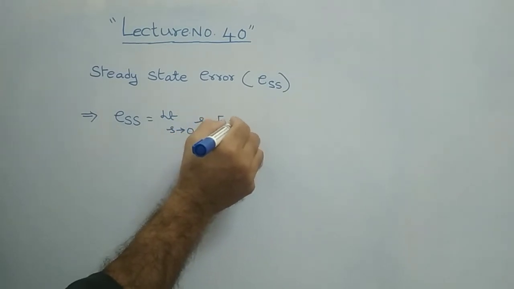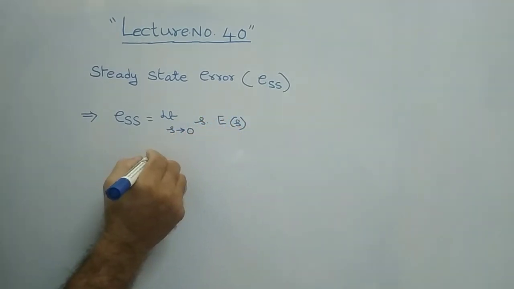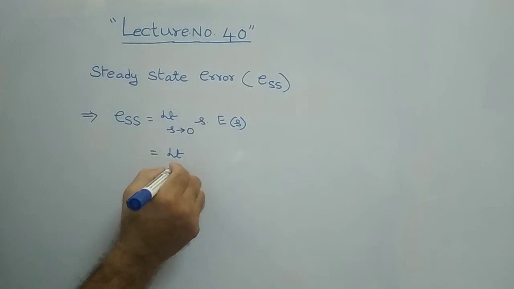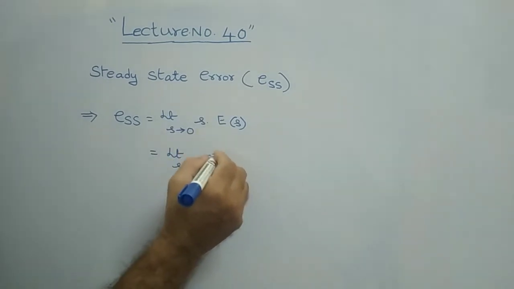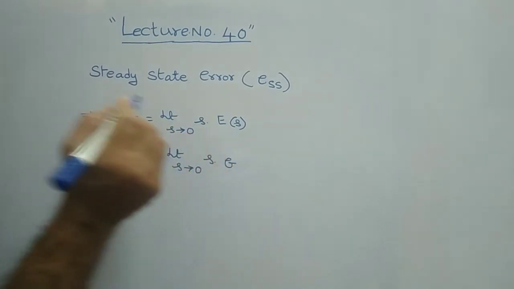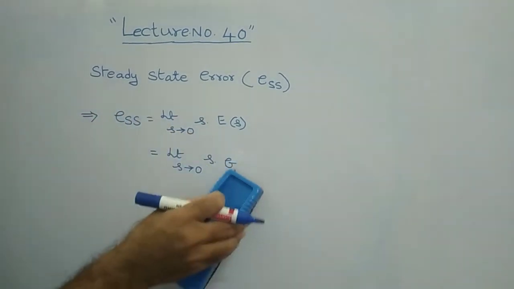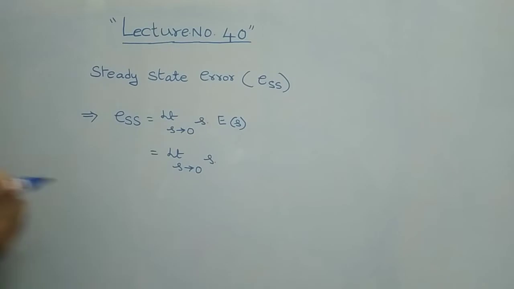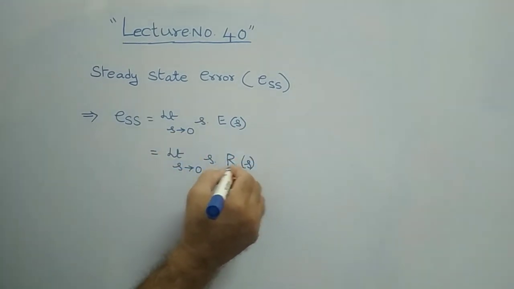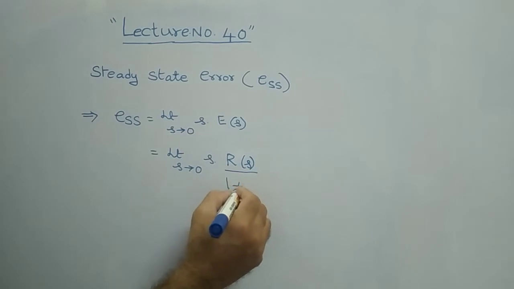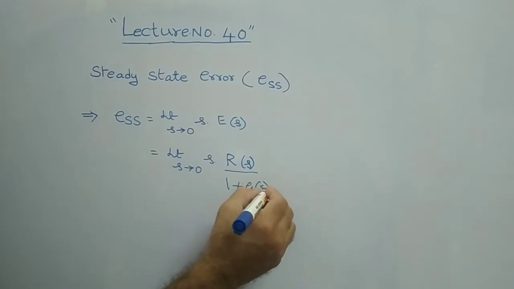Clear? Further, this can be written with E of s being nothing but R of s by 1 plus G of s into H of s.